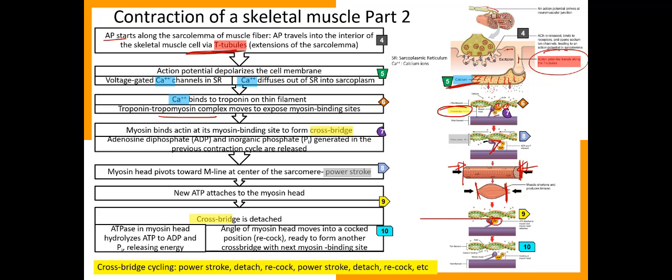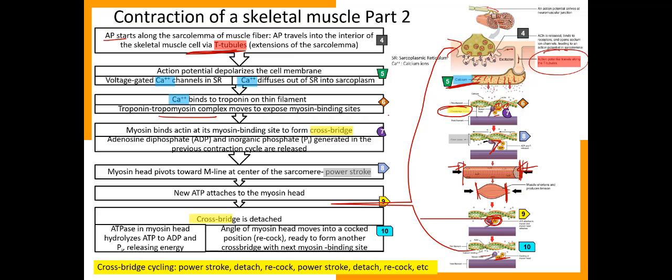And then ATP breaks down to ADP and a phosphate group, and the myosin head is ready to form another cycle, right? So it goes from here, then all the way back down there, depending on how much action potential stimulation occurs.